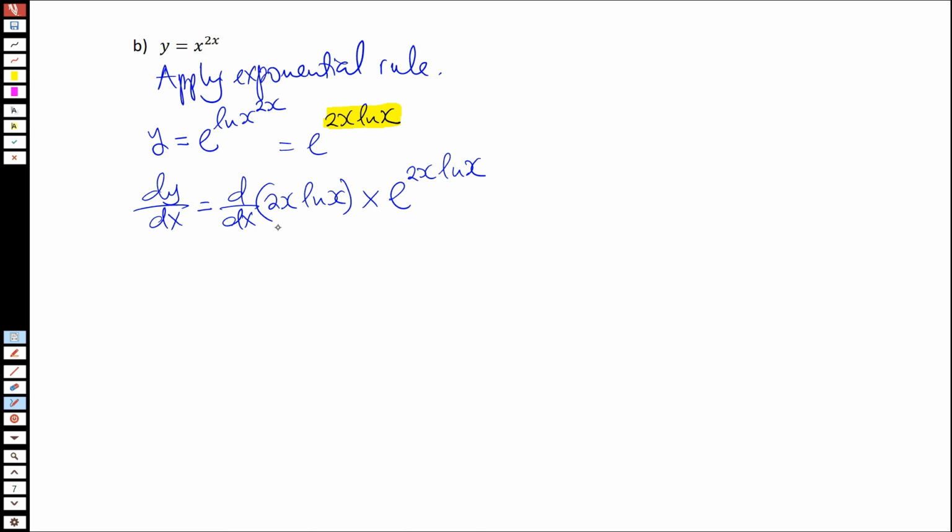Okay, so now what we need to do is to find this derivative here by the product rule.